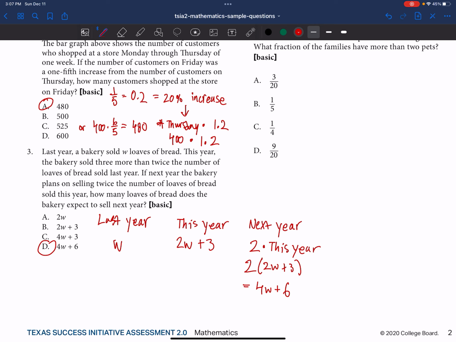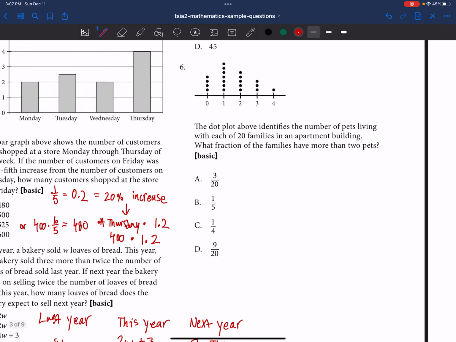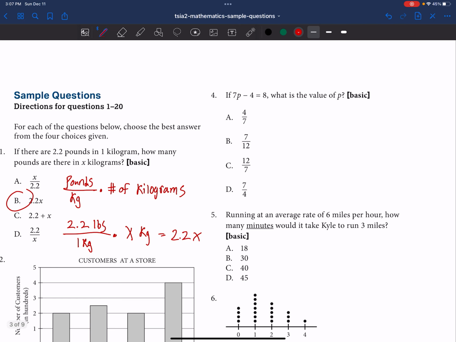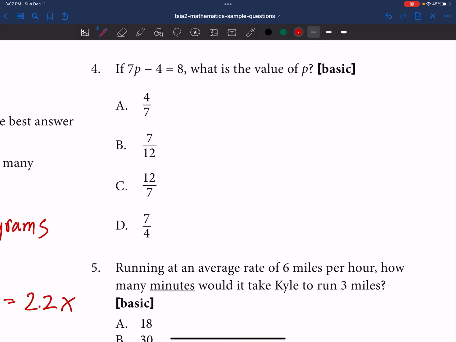All right. Let us scroll up to the next. Okay. Oh, my favorite, a classic Algebra 1 question. This is very basic single variable solving. Can you do a two-step algebra equation? Hopefully we say yes.